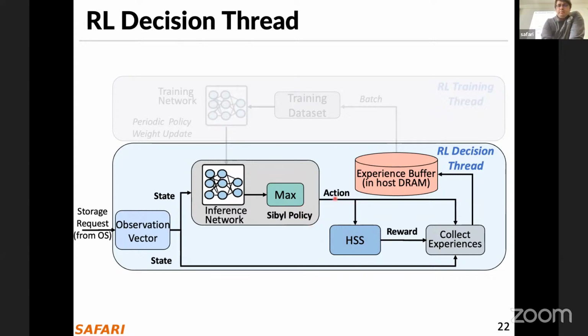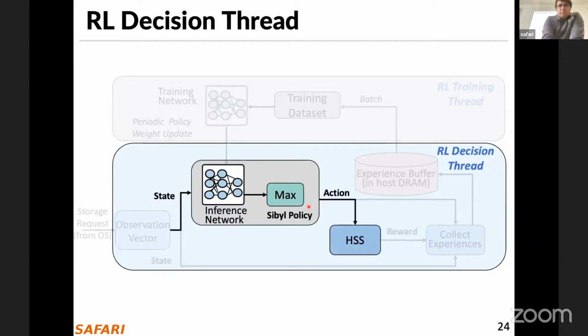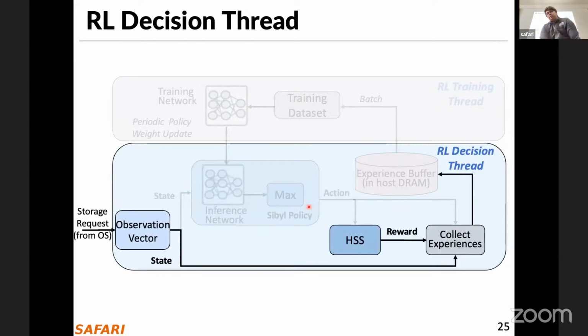The action, as we discussed, is to place the data in one of the devices, either the fast device or the slow device. After the action is performed, the hybrid storage system has to issue a reward to the agent, to convey whether the placement decision improved the performance of the system or not.